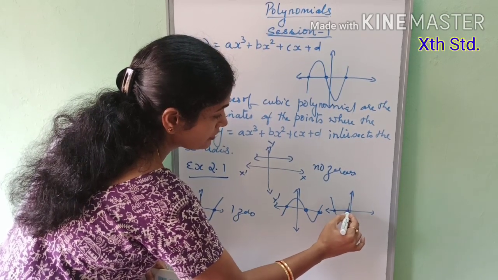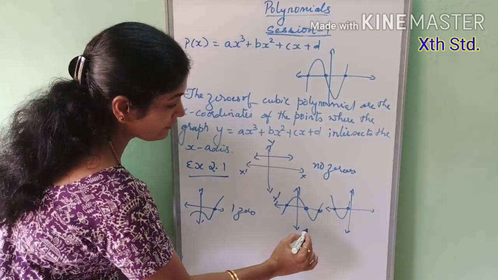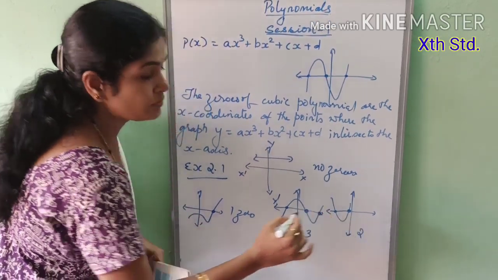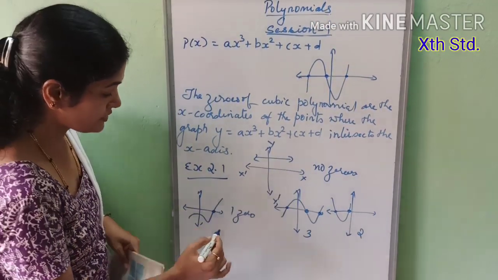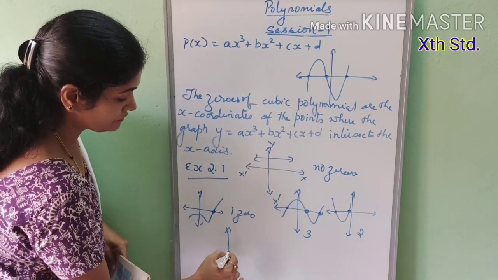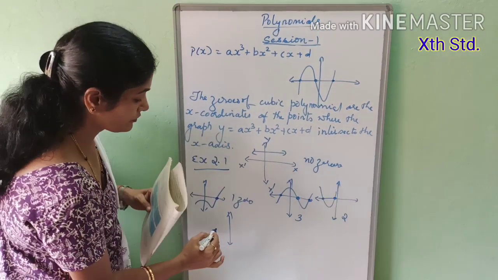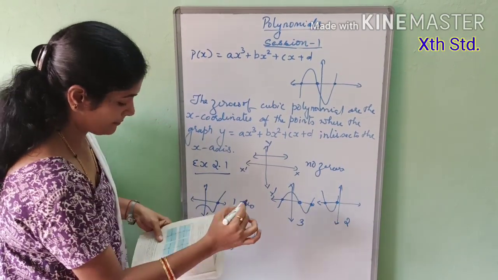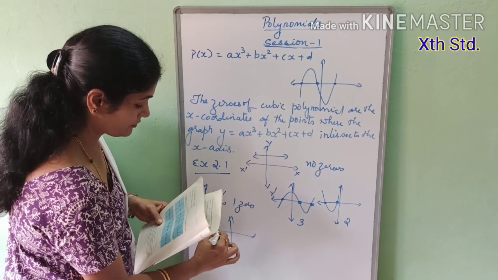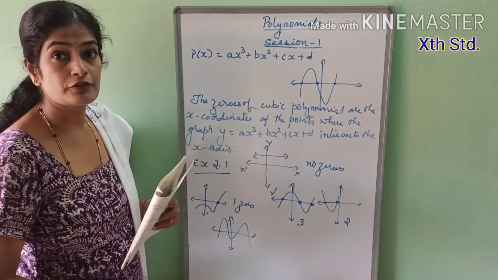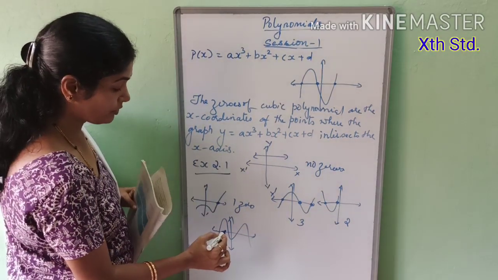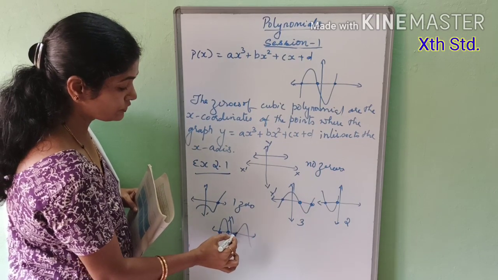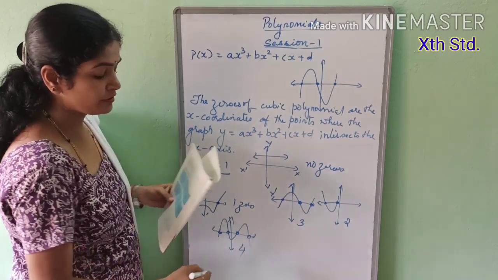How many? 2 zeros. So this is having 3, and this is having 2 zeros. Yes. Then next, fifth one. How many? 1, 2, 3, 4. It is having 4 zeros.